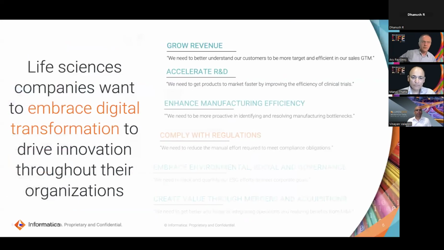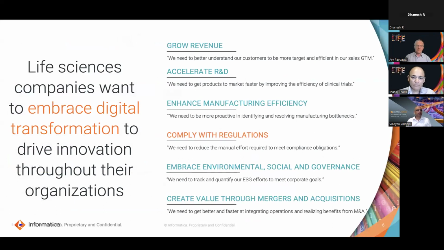All right, so in the world of life science companies, they are increasingly leveraging digital transformation to drive advancement across their operations, whether in the areas of growing revenues, accelerating R&D for clinical trials, enhancing manufacturing efficiency and supply chain, or complying with regulation.